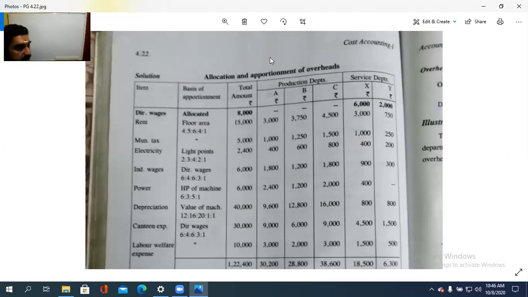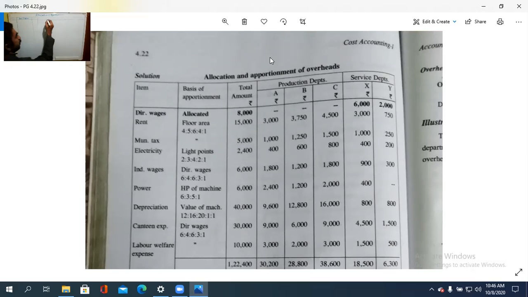So in what way is it to be done, the allocation and apportionment of overheads? Firstly, what all items are there? Then the basis of apportionment: on what basis is it to be apportioned? Then the total amount.